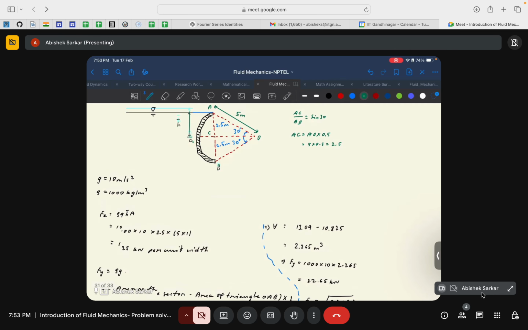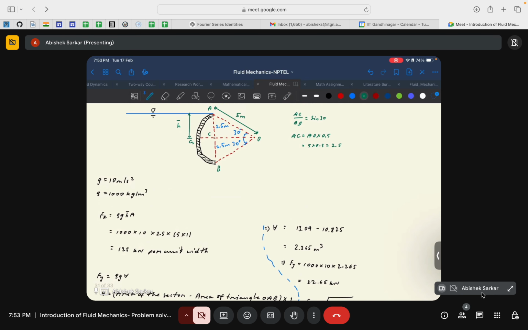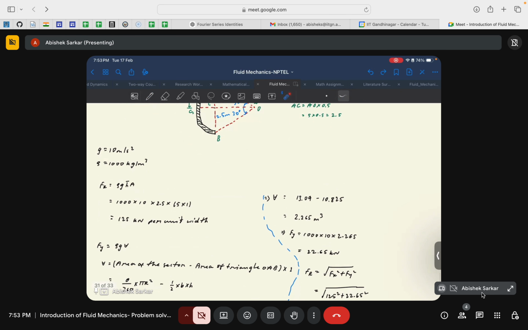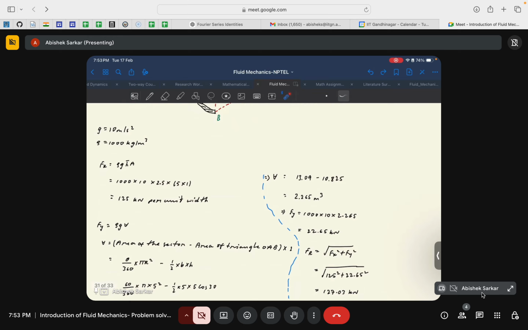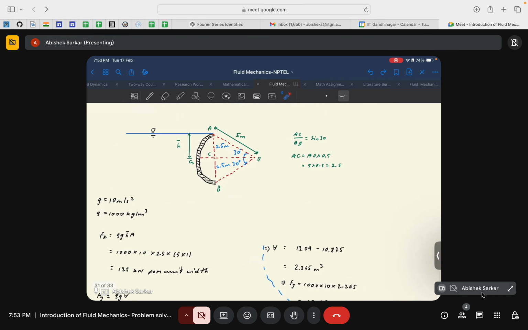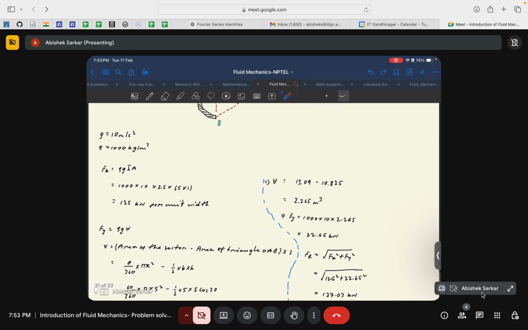The area of the sector is found from the angle covered by the sector, theta, in this case 60 degrees: theta by 360 times pi r square, minus the area of the triangle, half times base times height. Theta is 60 degrees, pi is 3.1416 and r is 5, minus half times base, which is 2.5 plus 2.5, and height would be 5 cos theta, that is 5 cos 30.